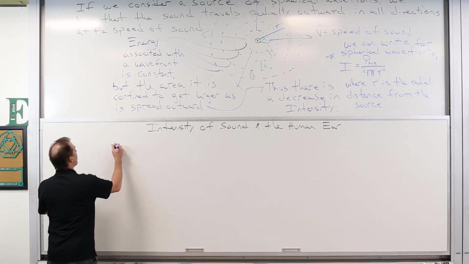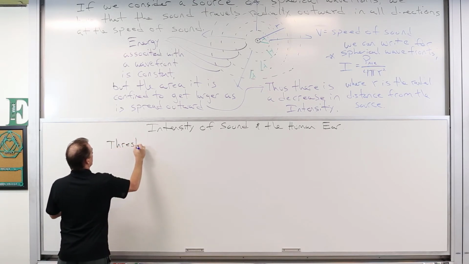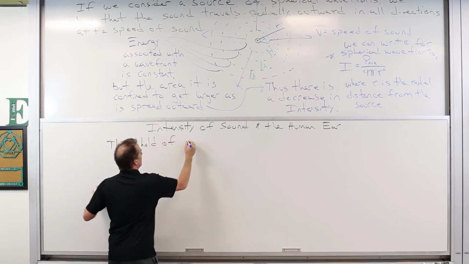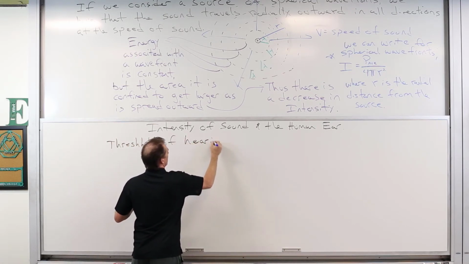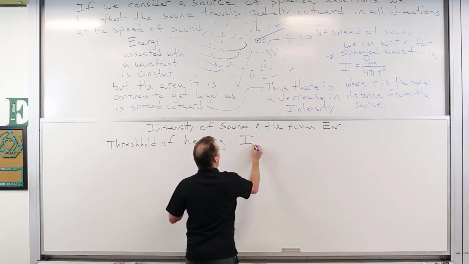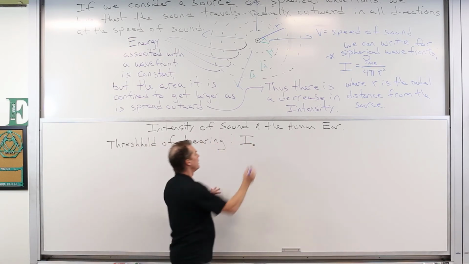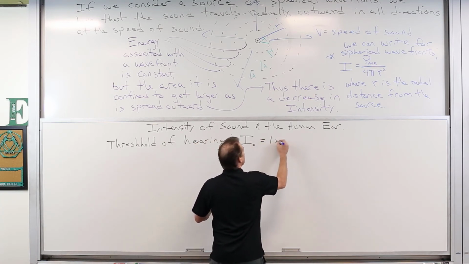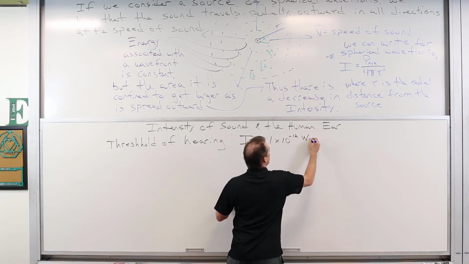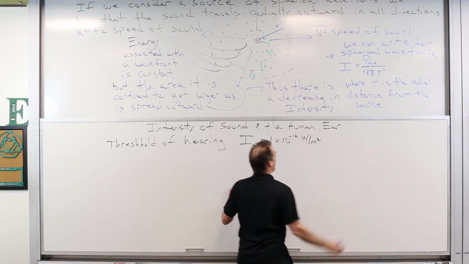So you say the threshold of hearing, generally called I sub naught, or I zero, is equal to 1 times 10 to the negative 12 watts per meter squared.